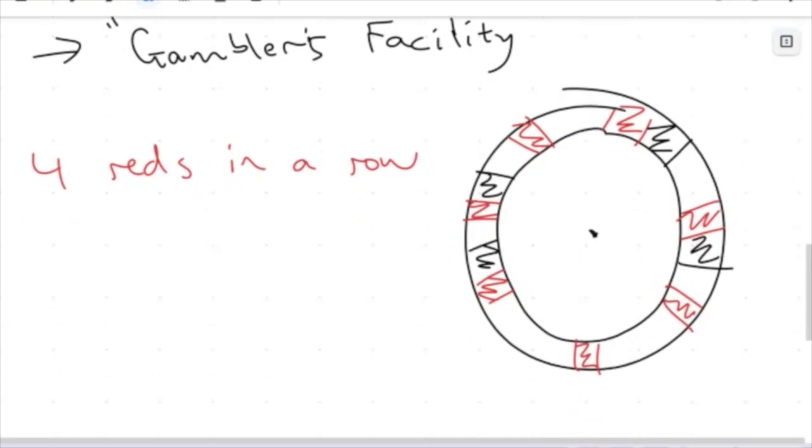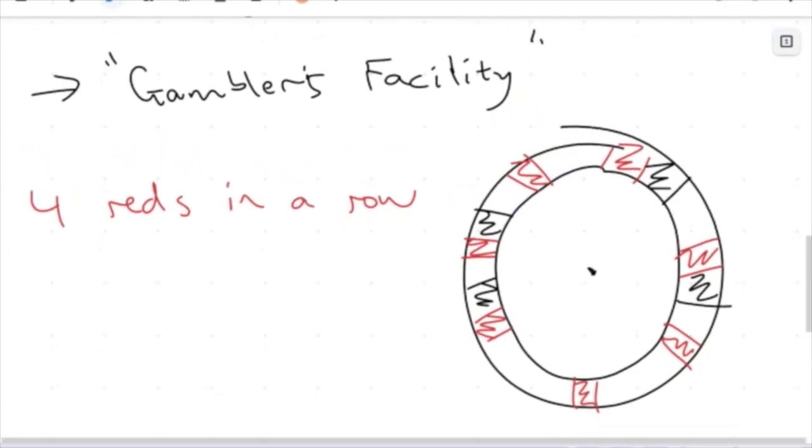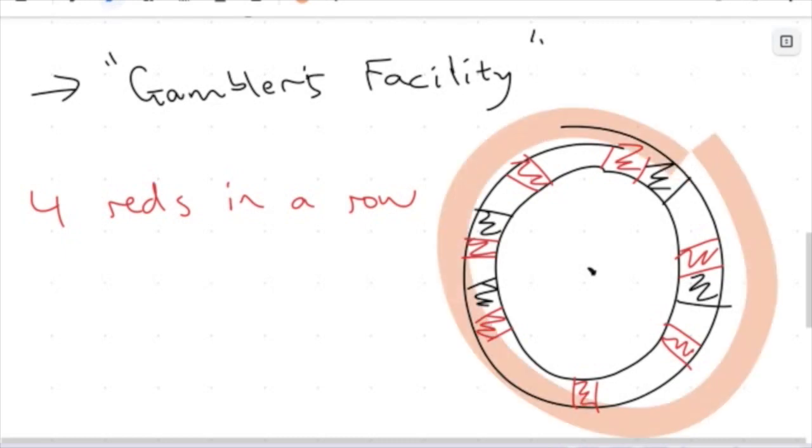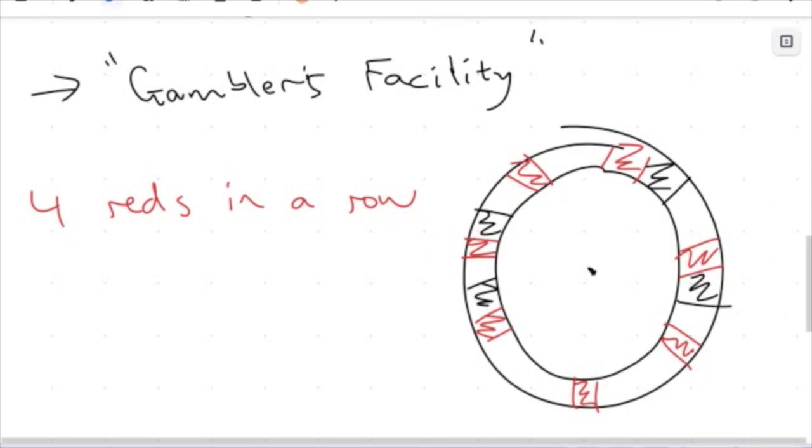Getting a red here has no bearing on whether you'll get a black. Why? Because the sample space doesn't change, and you're always rolling one or the other on the same roulette wheel. Now, you may notice I talked about sample space quite a bit.